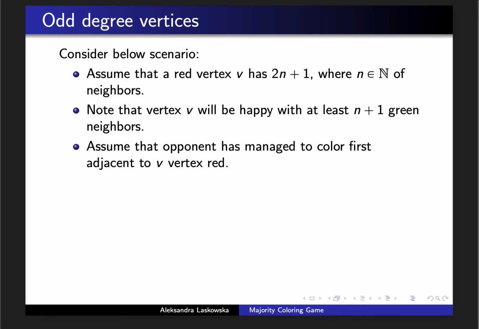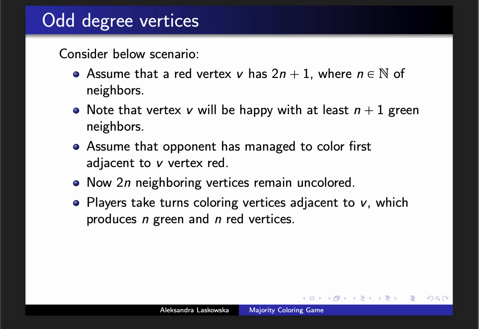But let's assume that our opponent has made the first move on V's neighbors and colored it red. So this now will give us 1 red neighbor and 2n uncolored neighbors.